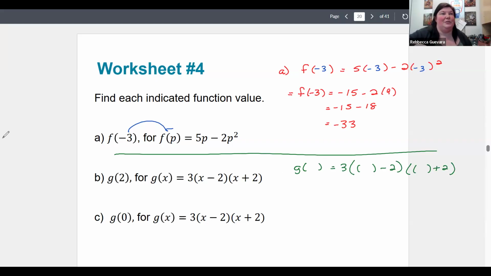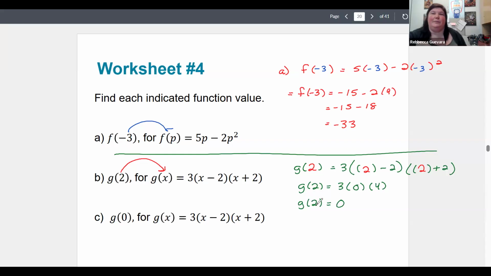I do this just to make it easier for myself. Every place that there was an x, I'm leaving blank. So all those places where I had an x, it's now a 2. I just stick in 2's in those places. So g of 2 will end up being 3 times 2 minus 2, which is 0, times 2 plus 2, which is 4. So g of 2 is just going to equal 0.